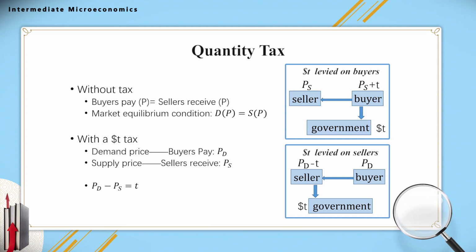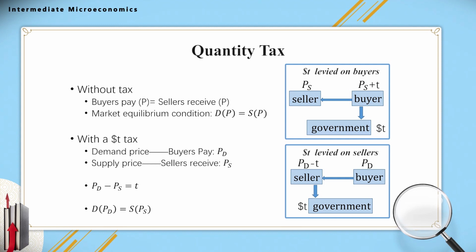The tax changes the price paid by buyers and received by sellers, so they will respond to the price change. The quantity demanded is a function with respect to the demand price, PD, while the quantity supplied is a function with respect to the supply price, PS.